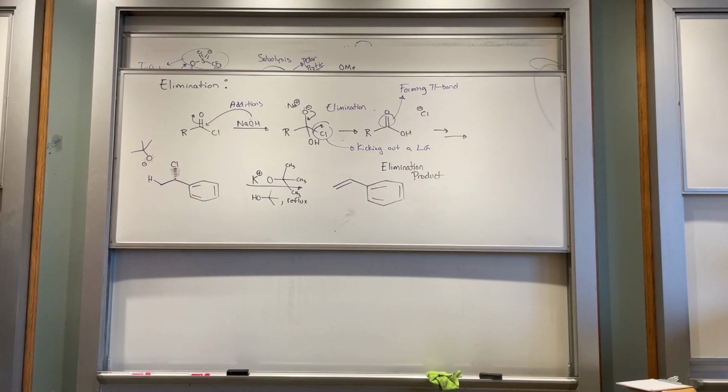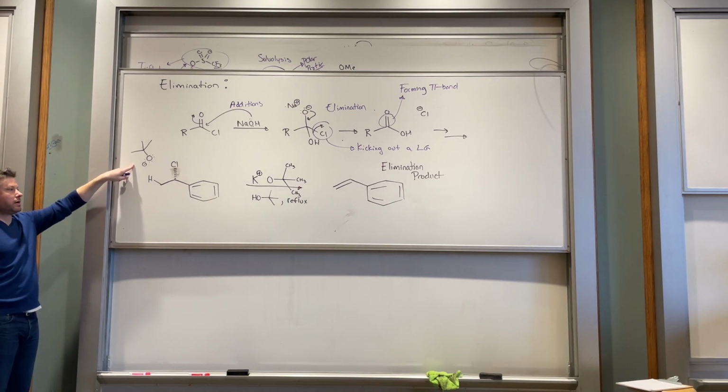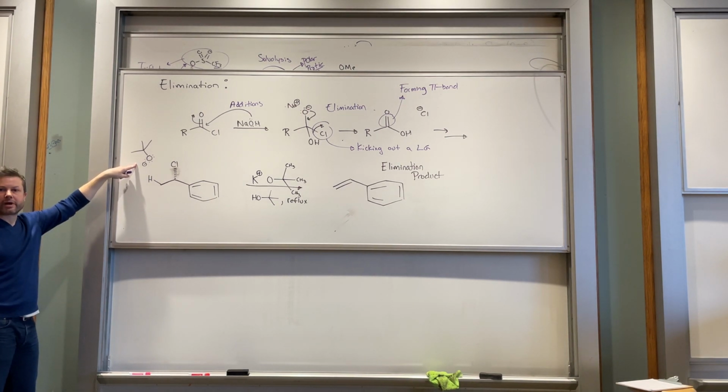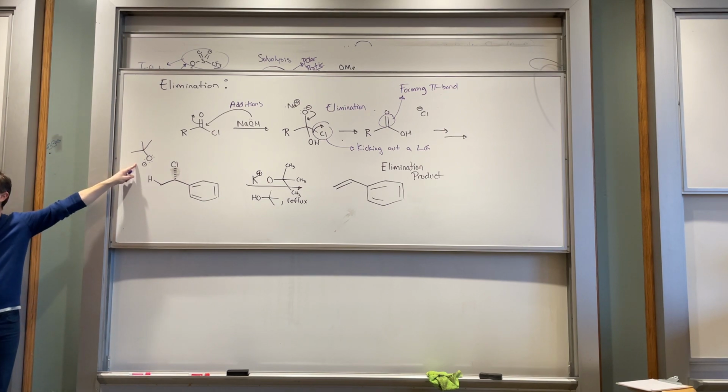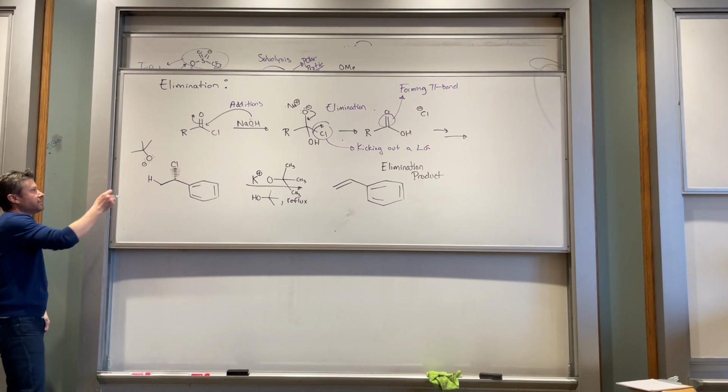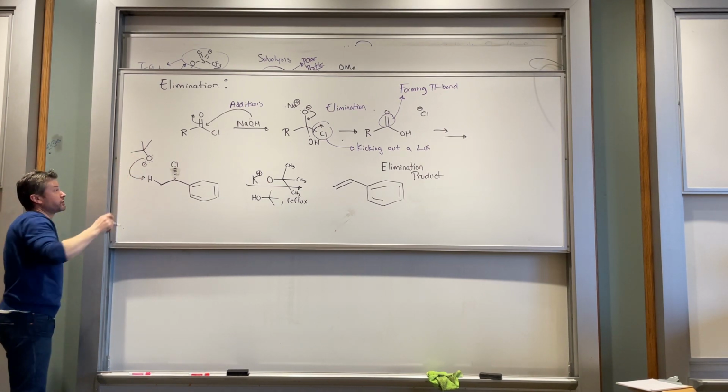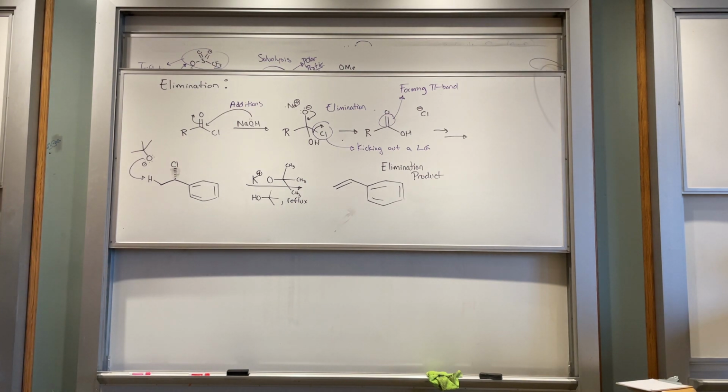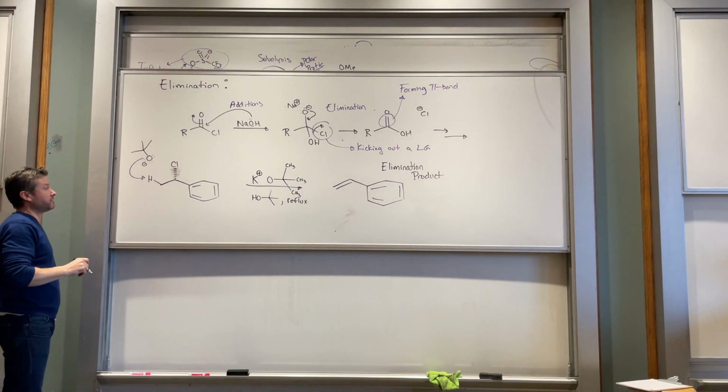Okay, so just real quick, mechanistically, what's going on? The alkoxide that we're adding is going to act as a base, right? And there are a couple reasons. First of all, it's basic, so it's not surprising that it's going to act as a base.